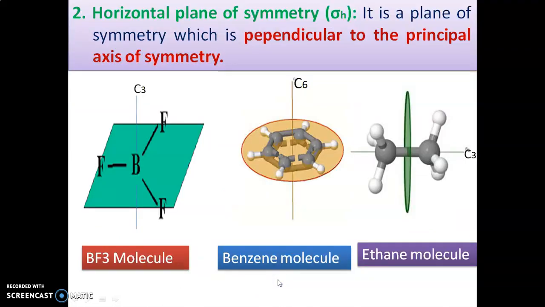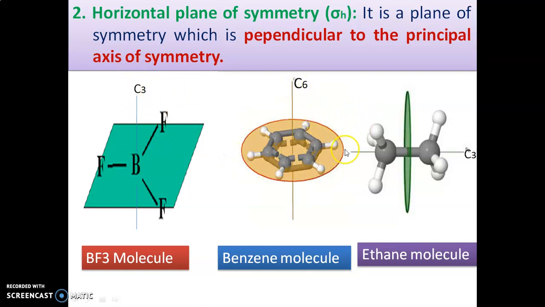Okay, and second is the horizontal plane of symmetry, sigma h. This plane of symmetry is perpendicular to the principal axis of symmetry. We know BF3 is also a planar molecule, with C3 as the principal axis.